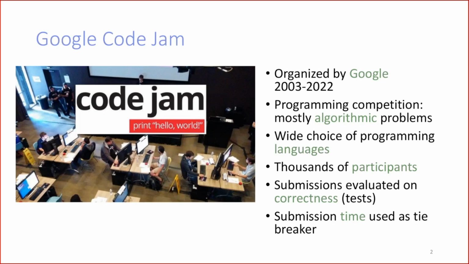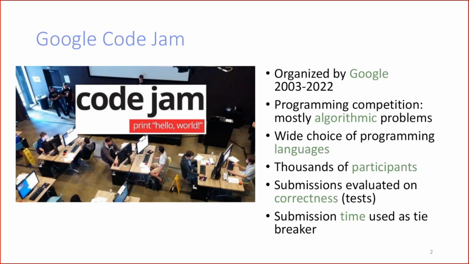Every edition involved thousands of participants, and essentially each participant submits their solution in the form of a program with all the compilation scripts, and then this gets executed on Google servers. A bunch of tests are run, and the more tests your submission passes, the better it is ranked.